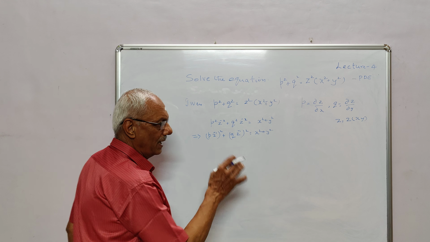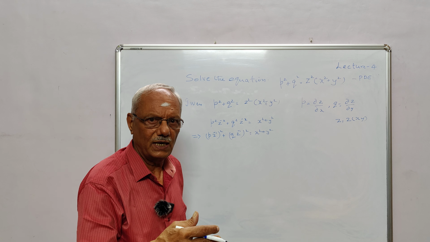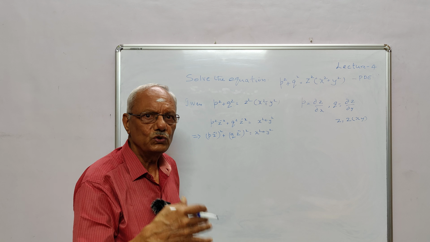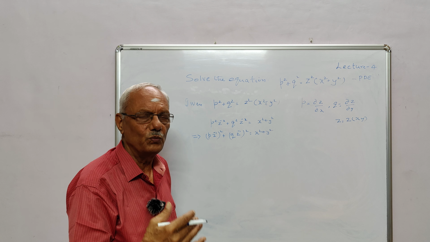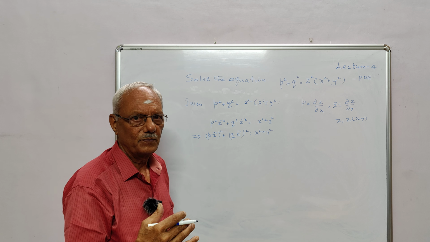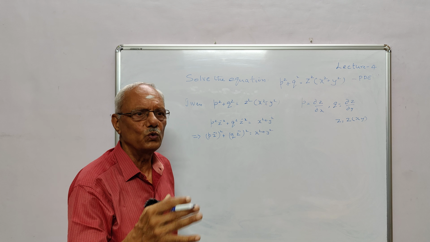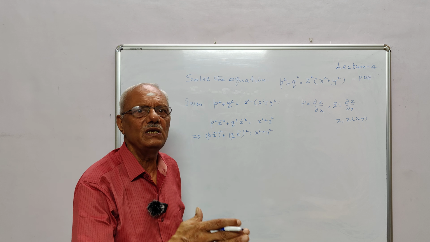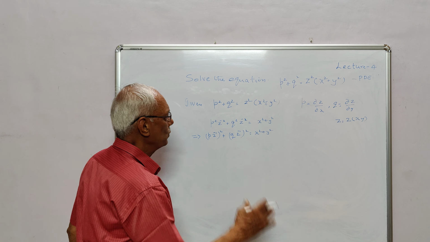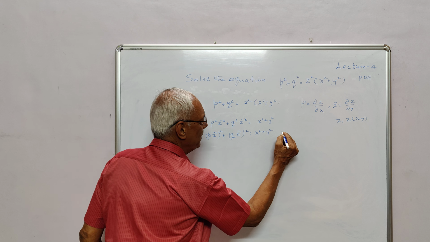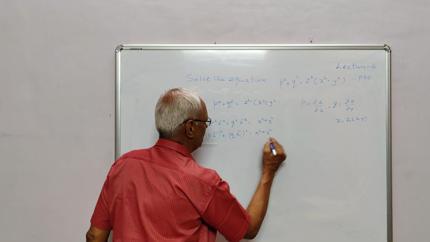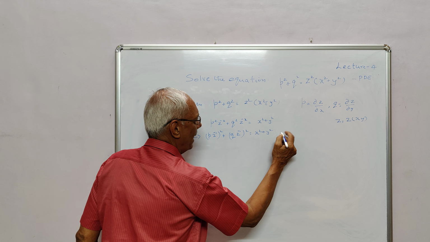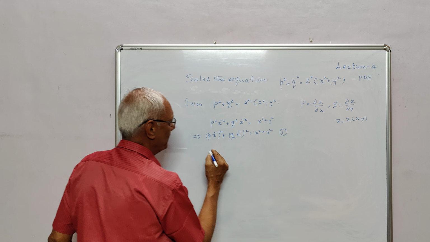Then again I am telling you that use a proper transformation to bring it to a standard form whose solution is known to us or can immediately be written. So here it is. Now let me use a transformation like this. I will call this my equation 1.